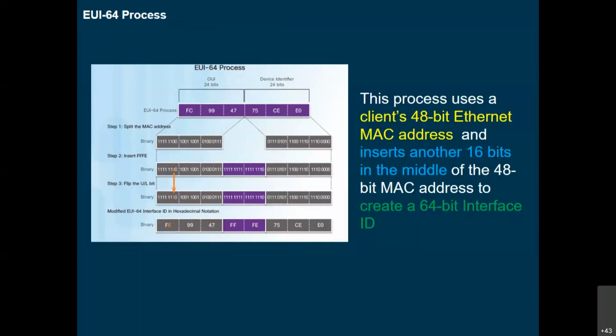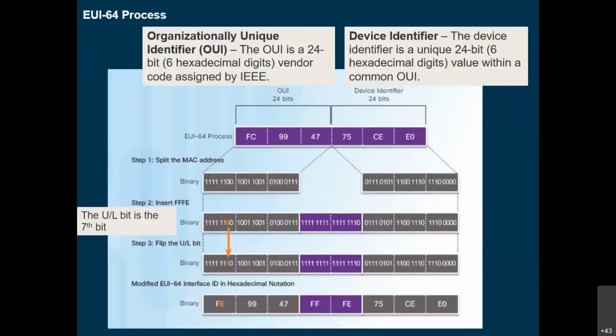How does it do that? If you remember from Netcom when we talked about MAC addresses, they are 48 bits. Okay, the first 24 bits is the OUI, organizationally unique identifier. It tells you the vendor. So all Cisco products would have the same 24 bits here. This is the only thing that is different.